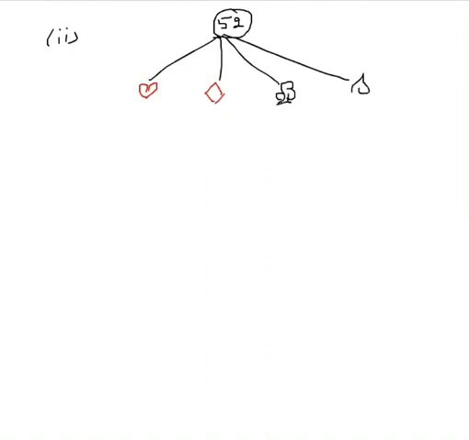Second subdivision. In how many of these do the 4 cards belong to 4 different suits? We have 4 different suits: hearts, diamonds, clubs and spades.